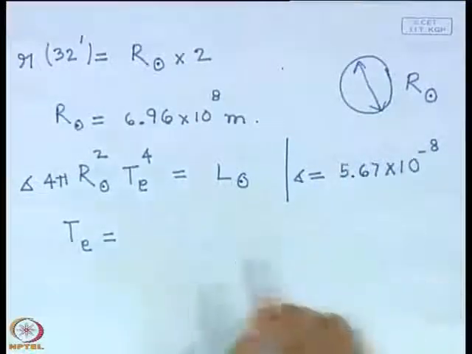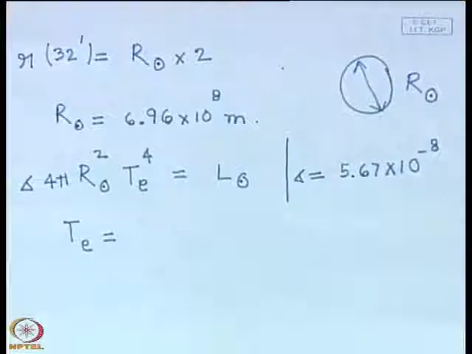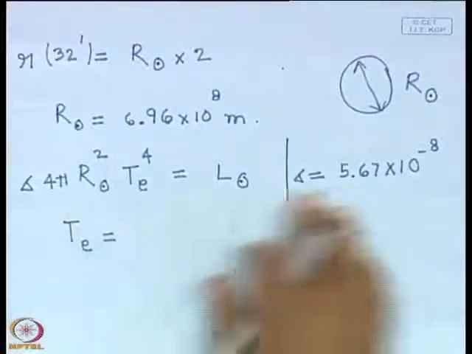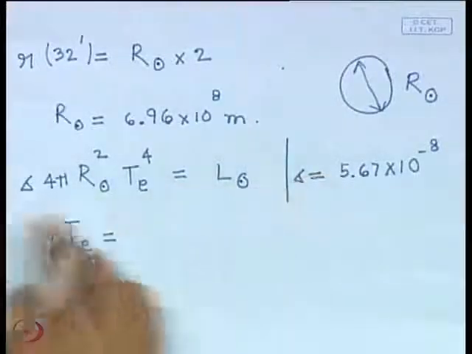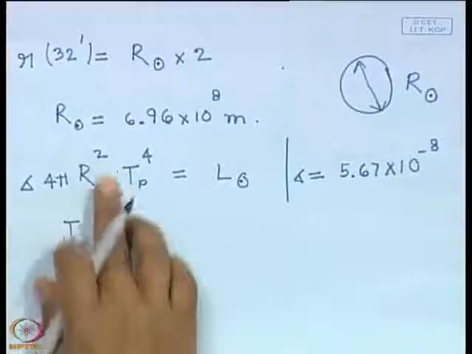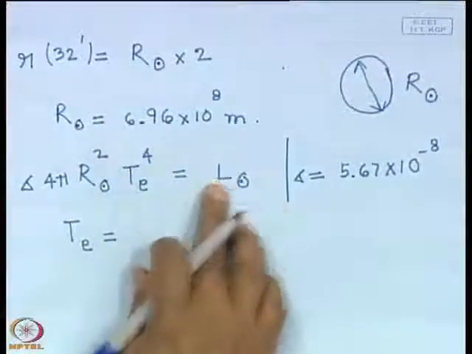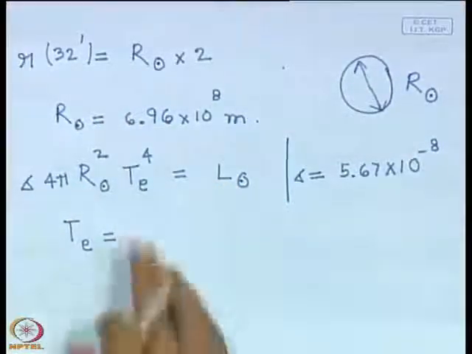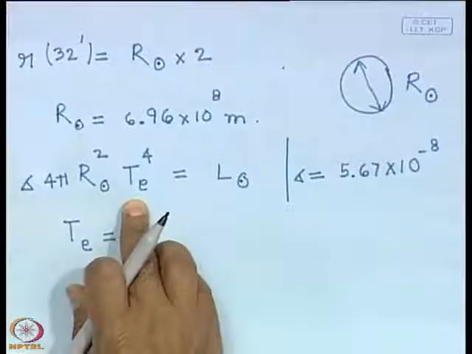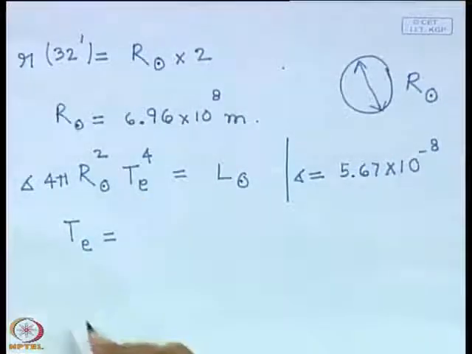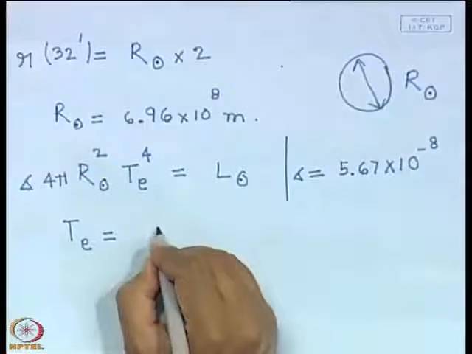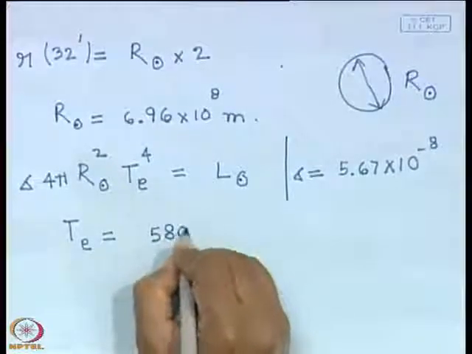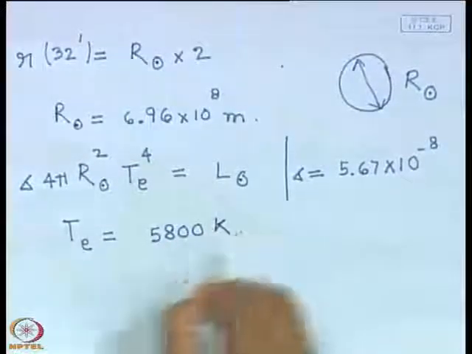Okay, in SI units. So you have to get the units correct. Okay. So using this, if you put in these values, so we have told you what sigma is, you know what the radius of the sun is, and you know what the luminosity of the sun is. So you put in these values and you can determine the effective temperature of the sun, and the effective temperature comes out to be around 5800 Kelvin.